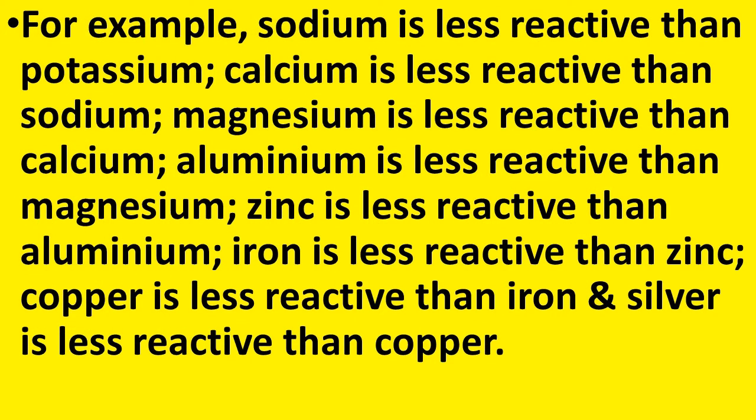When we move from top to bottom in the reactivity series, we can see that sodium is less reactive than potassium, calcium is less reactive than sodium, magnesium is less reactive than calcium, aluminium is less reactive than magnesium, zinc is less reactive than aluminium, iron is less reactive than zinc, copper is less reactive than iron, and silver is less reactive than copper. So this shows the reactivity order of the metals.